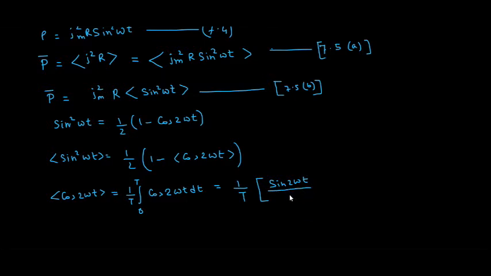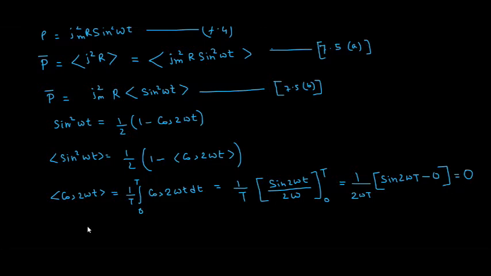Putting the limits 0 to T, we get sine 2 omega T minus 0, and if we solve it, this becomes 0.